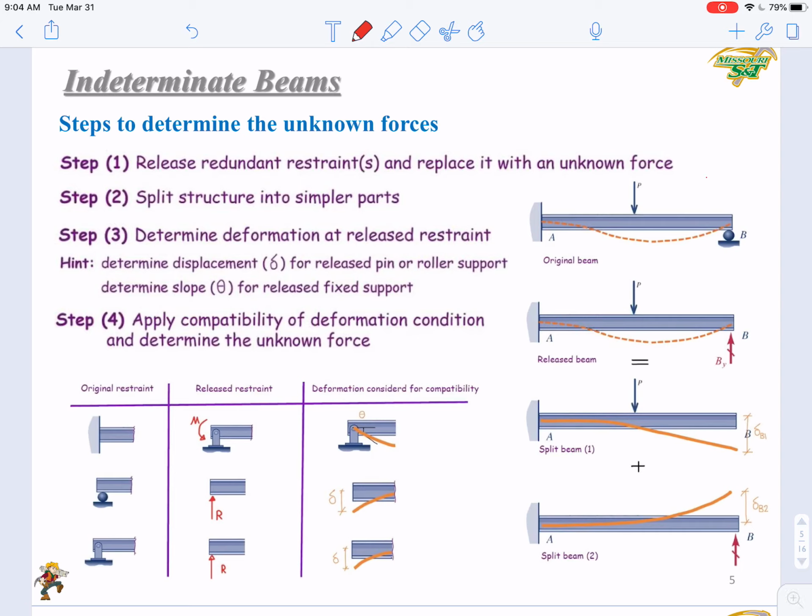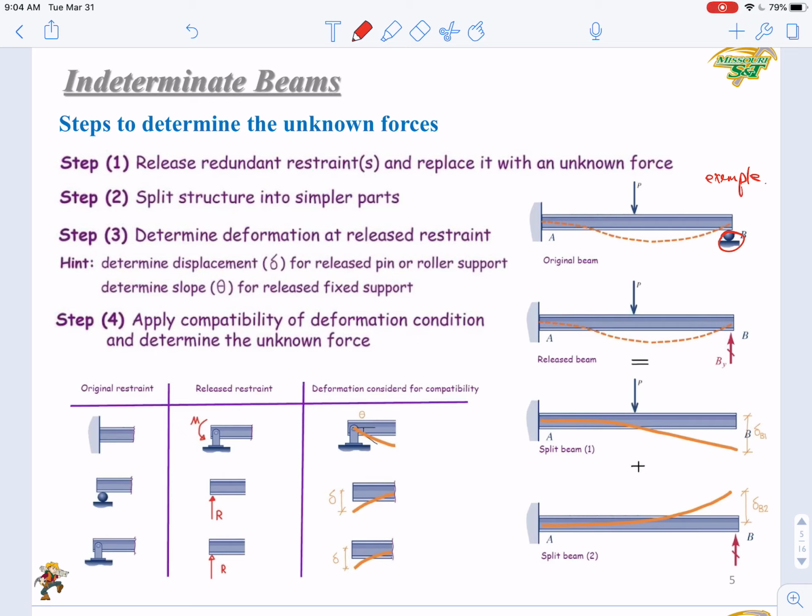The example is here. You can see in this example, you have a cantilever. If we remove this roller B, it will be a determinate system, right? It's one cantilever beam with a concentrated load.